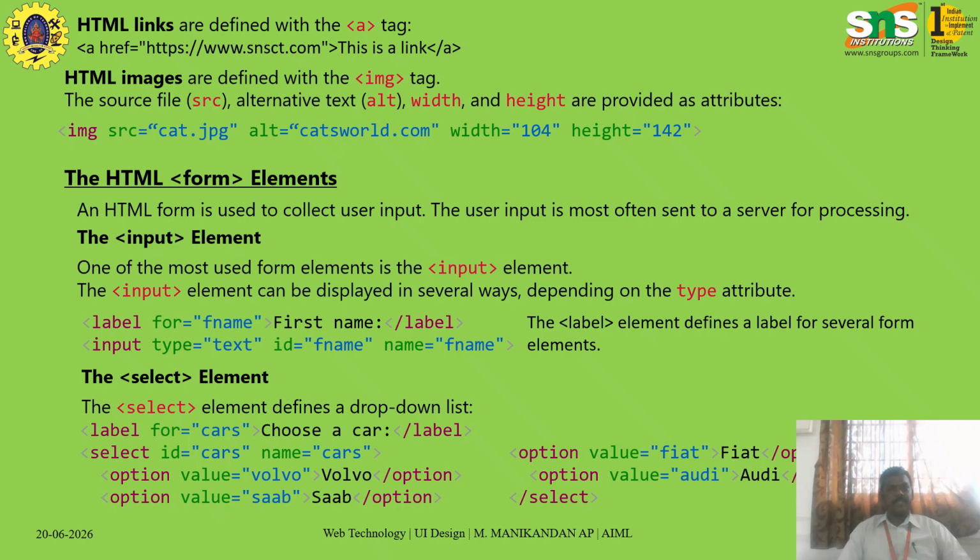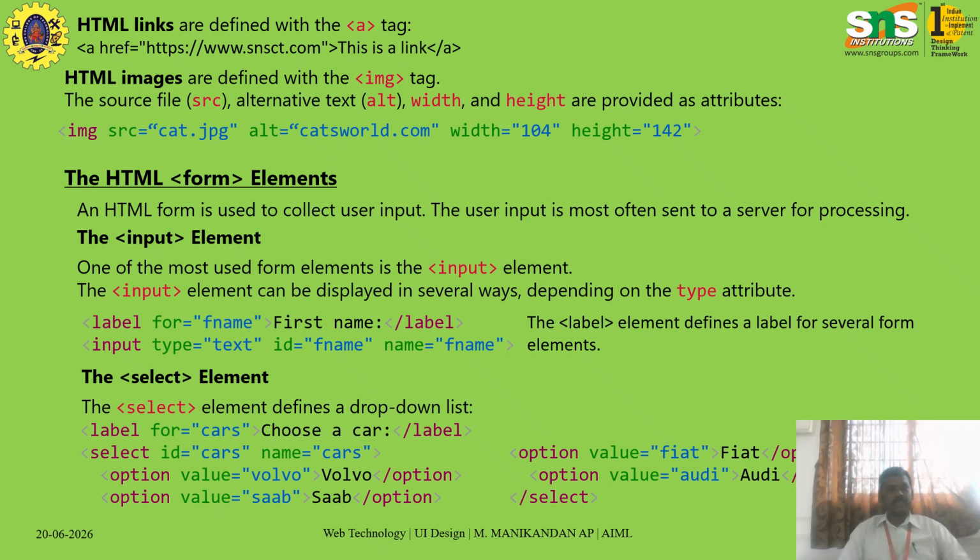Then HTML images. These are defined with an image tag. Inside the image tag, we have source, alternative text, width, and height provided as attributes.